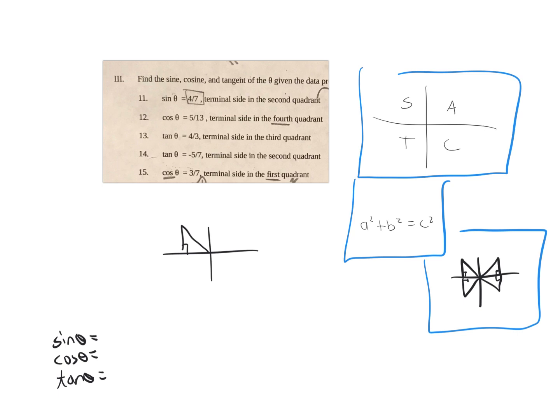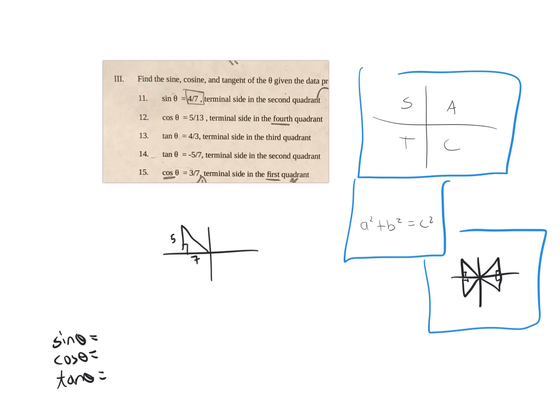So that means it's opposite over adjacent. So we're looking at 5 here and a 7 here. Now, in reality, it's really positive 5 over negative 7, which turns out to be the same as negative 5 over 7. You can kind of think of it that way.